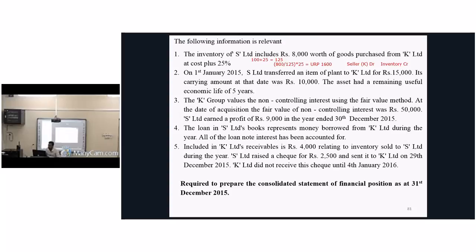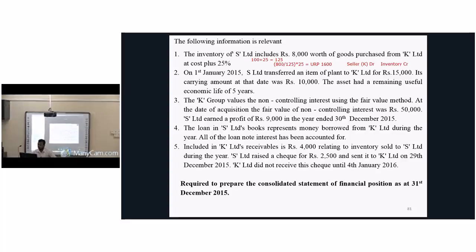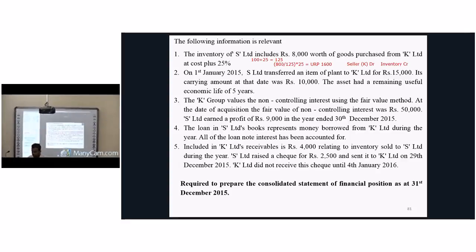Now adjustment number 2. S means, remember, subsidiary. On 1st January 2015, at the time of acquisition, S transferred at the beginning of the year. The subsidiary transferred an asset for 15,000.